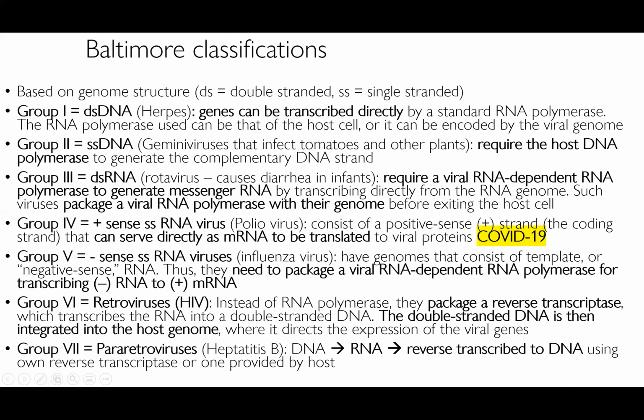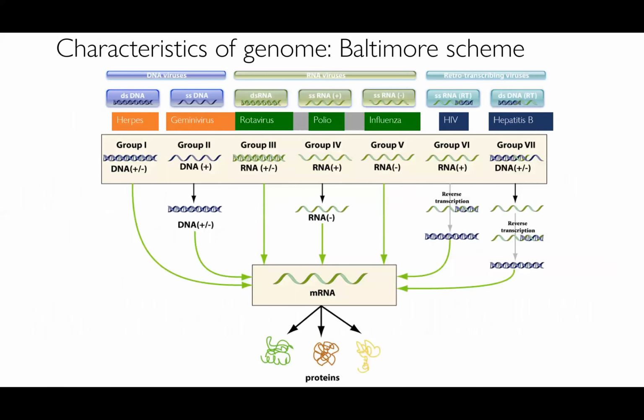And then last but not least is group 7 with the pararetroviruses. This is hepatitis B. They have DNA, which is then transcribed to RNA, which is then reverse transcribed to DNA using its own reverse transcriptase, or one provided by the host. Sort of a weird group of viruses that we're not going to talk about very much. And this is just sort of a visual depiction of how things go.